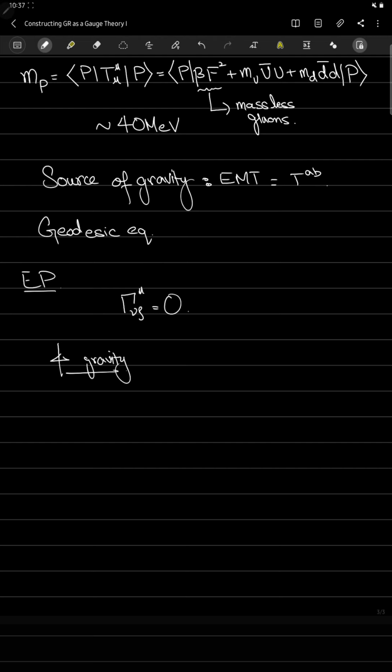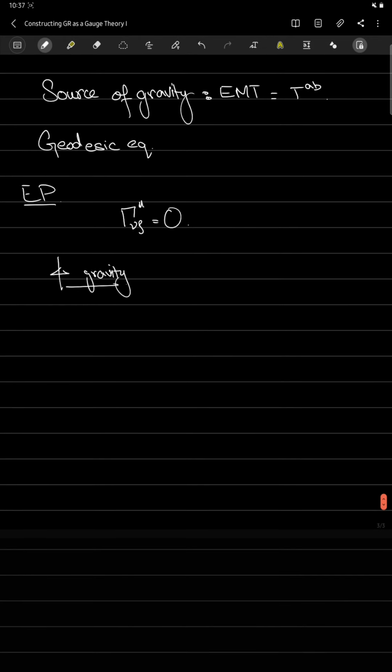Firstly, for the equivalence principle to even hold, we must assume a universal coupling, which is the only way to couple the scalar field with the energy momentum tensor, and we can do it in this form: the interaction Lagrangian is equal to phi times T^A_A.